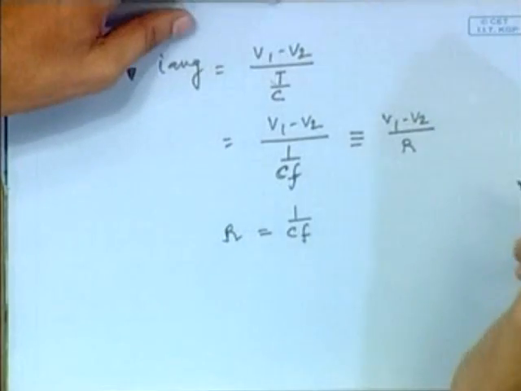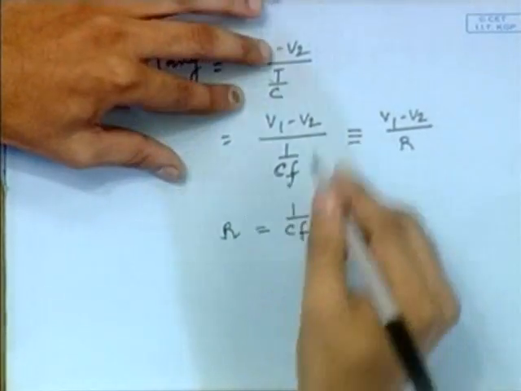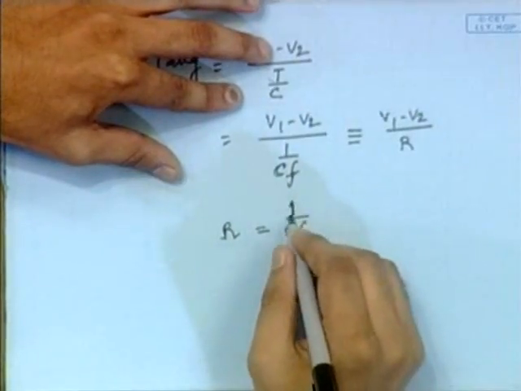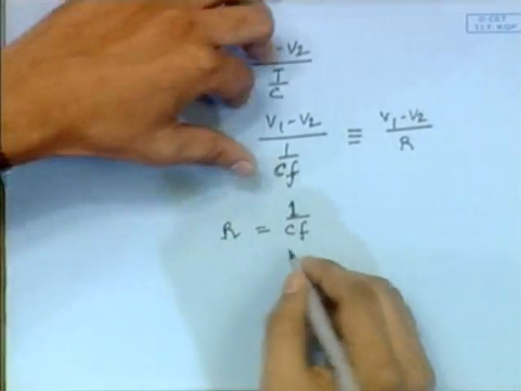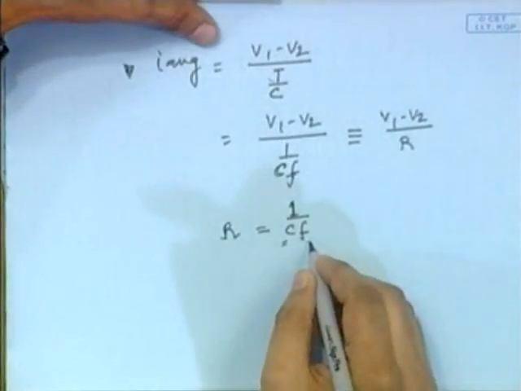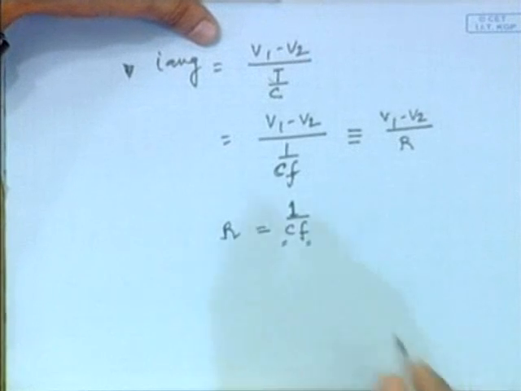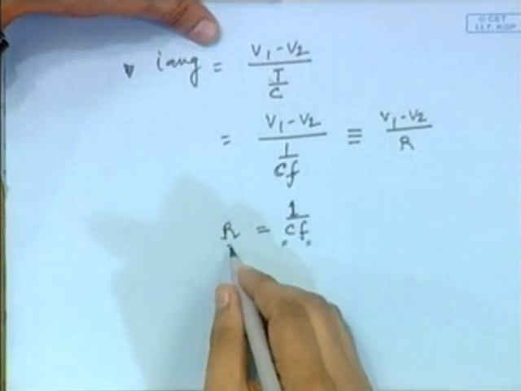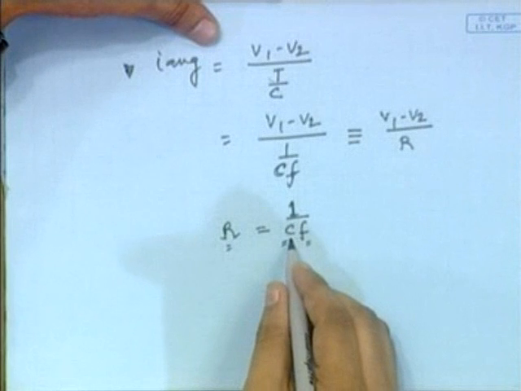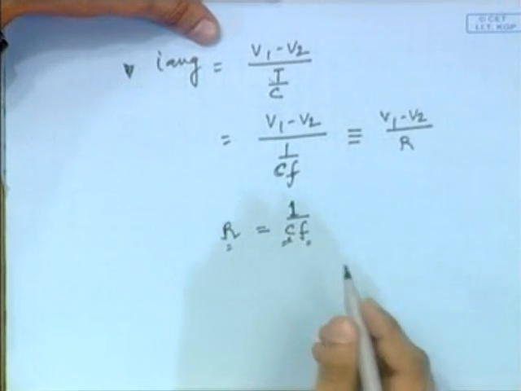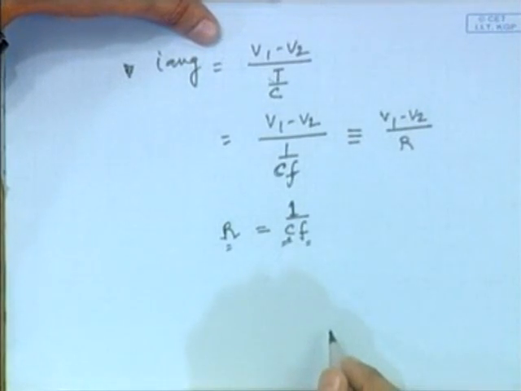Now here we can see that we have capacitor and at the same time frequency also. Compared to a resistor, implementing a capacitor in the chip is much easier.